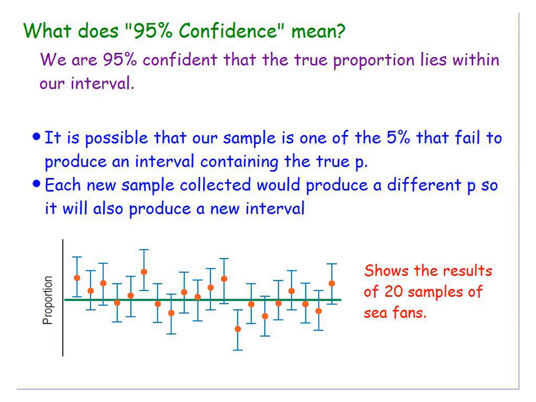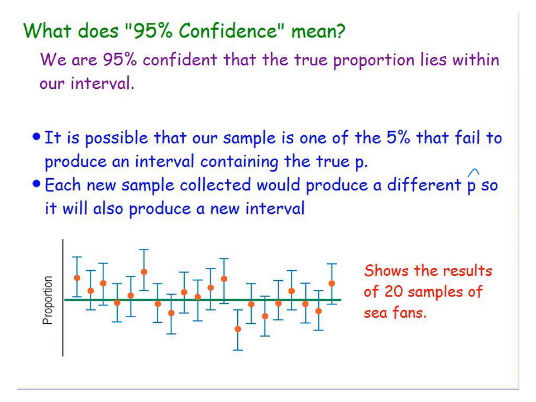Because we're only 95% confident, it is possible that our sample is one of the 5% that failed to produce an interval containing the true proportion. Every time we take a new sample, each new sample is going to have a slightly different p hat. So we'll also produce a new interval.